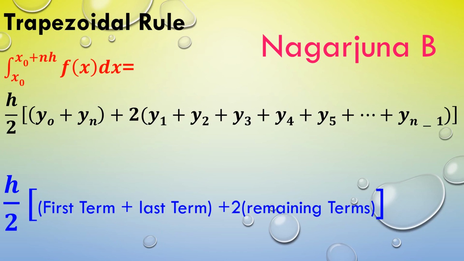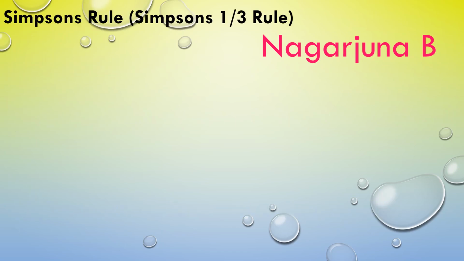Simpson's rule is also called Simpson's 1/3 rule.